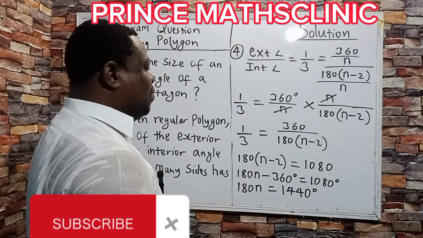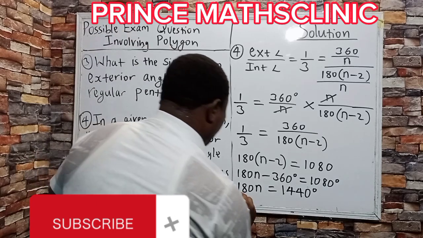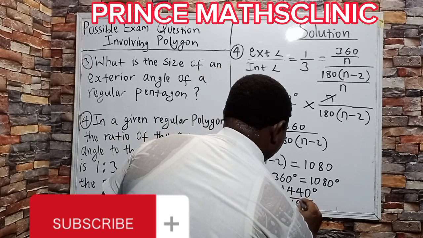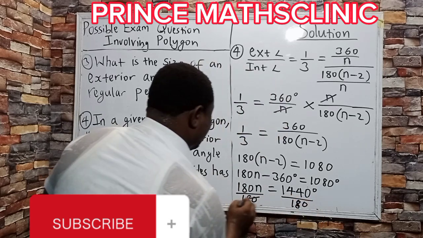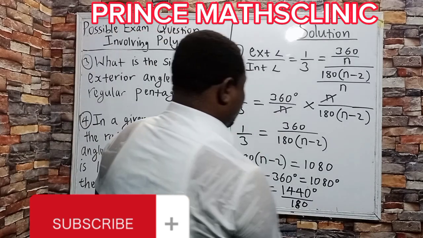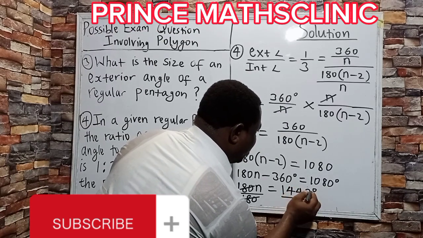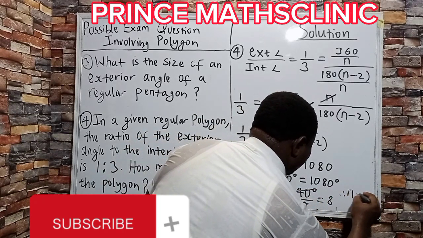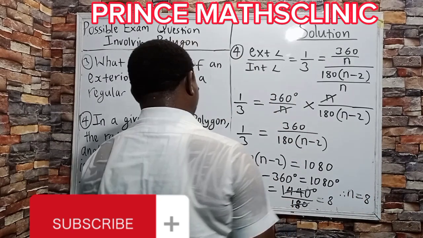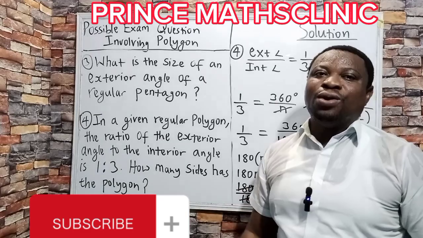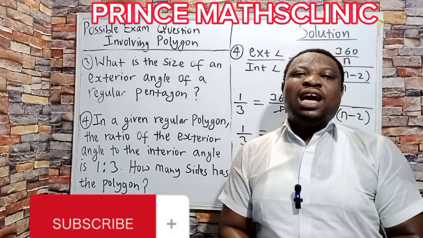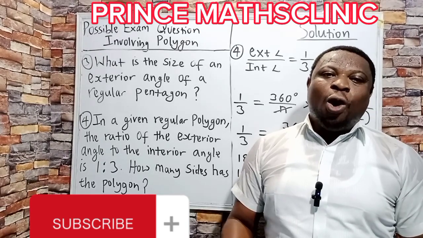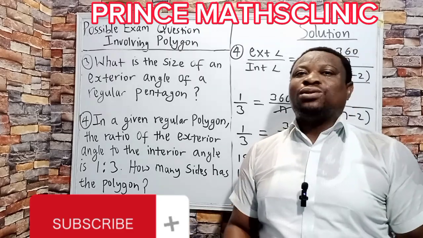Now, in order for us to get the value for n, we are going to divide each side by 180. 180 here cancels 180. 180 goes in 1440 will give us 8. So therefore, our n is equals to 8. Therefore, the number of sides of that polygon is 8 sides. And when a polygon has 8 sides, it's called an octagon. Octagon means 8.